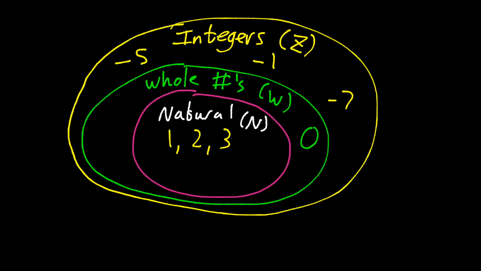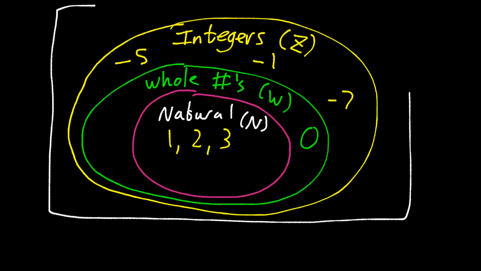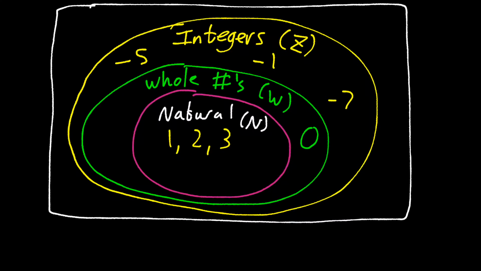And then the last category that's going to continue to use all of these but add more to it is what are called rational numbers. So this encompasses all of our whole numbers, natural numbers, and integers, but now we have rational numbers as well, which is denoted by the letter Q. Once again, no clue as to why they use the letter Q or Z, but the others make sense.